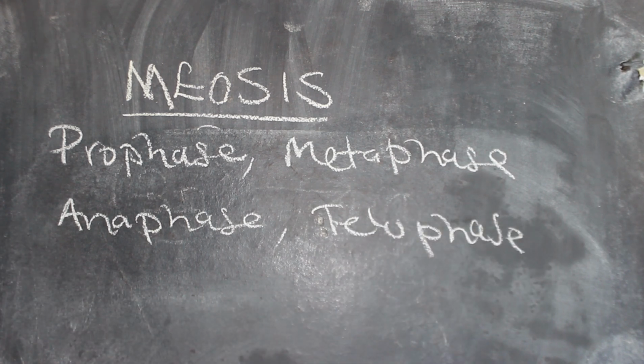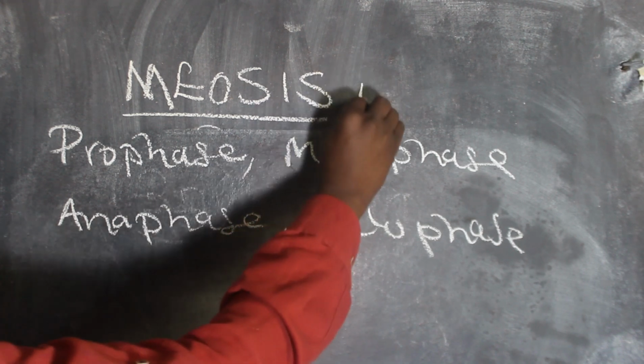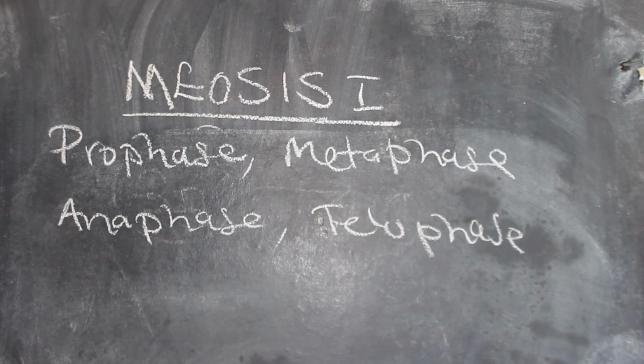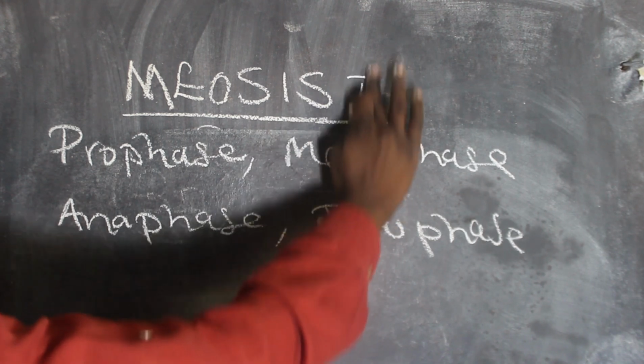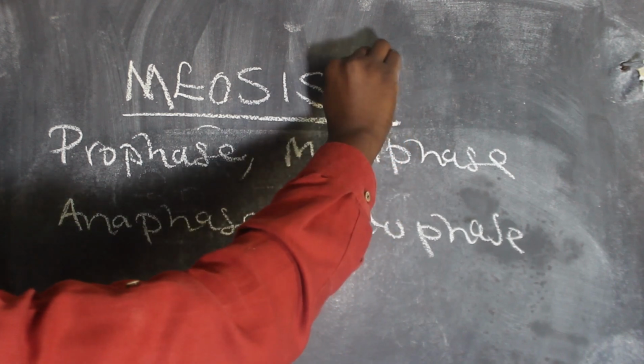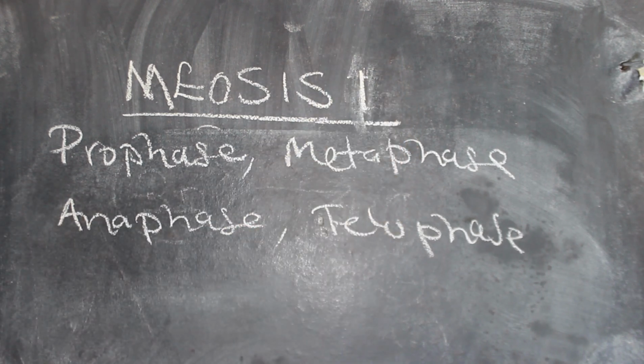Similarly, in meiosis we have these phases, but as I mentioned, meiosis happens in two meiotic divisions. So we've got what we call meiosis 1, and I'll put it as meiosis 1.